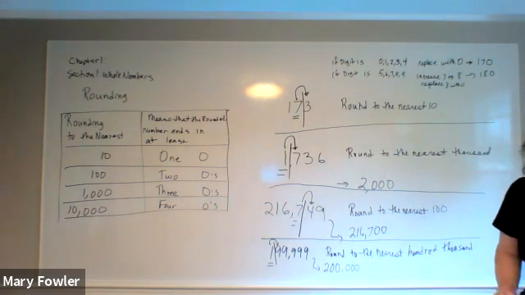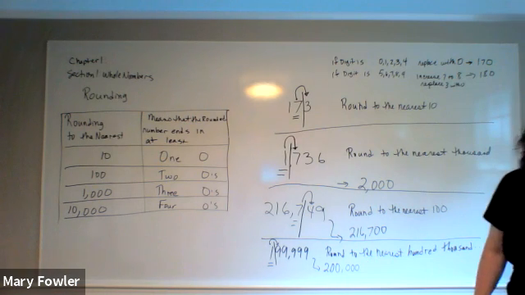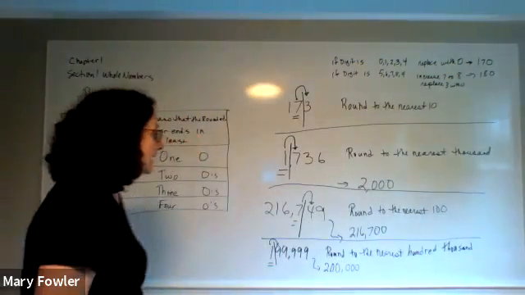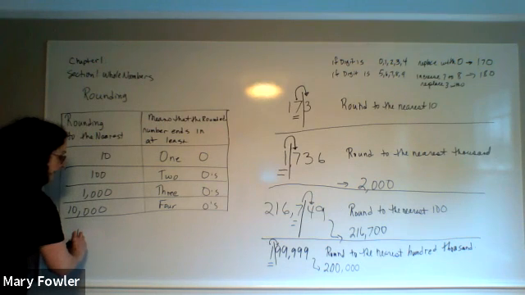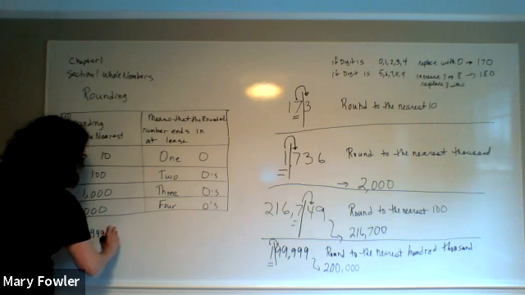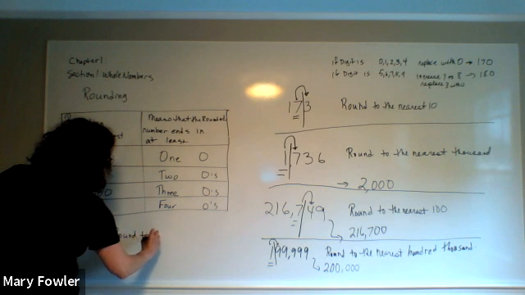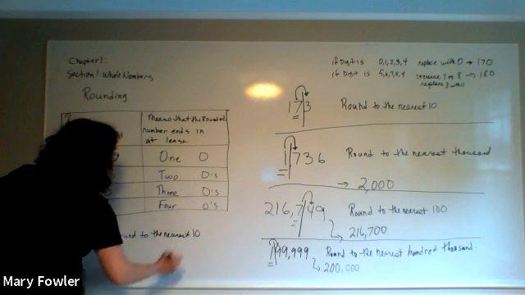Okay. All right. Well, I have one more that I want to do. It's a little tricky, so I want to make sure we go over some of the tricky stuff. And we're going to take that same number, 199,999, and I want to round it to the nearest 10.